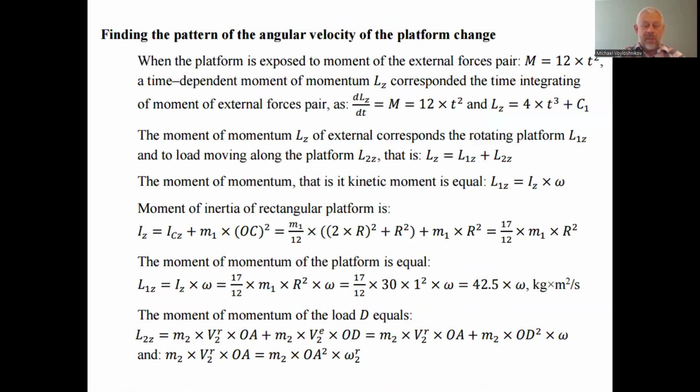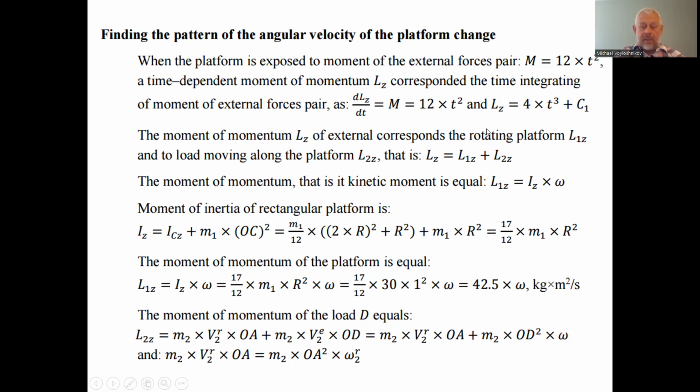When the platform is exposed to the moment of external forces, 12 by t squared, a time-dependent moment of momentum corresponds to the time integral of the moment of the external forces. So this derivative is equal to the moment of the impulse of this definite moment caused during the definite time t.